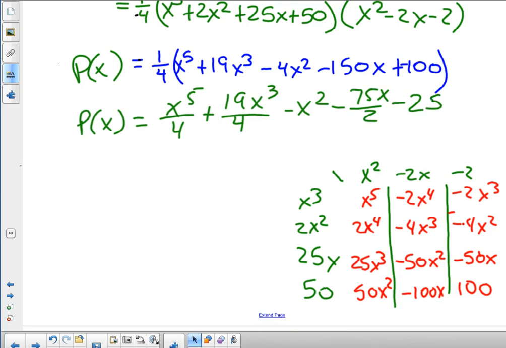And it fulfills the requirement that 0 goes in and I get a negative 25 as my result. Okay? Questions? Yes, no, maybe.